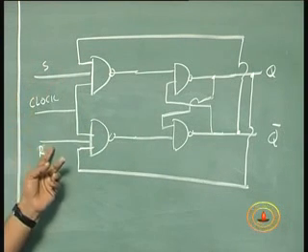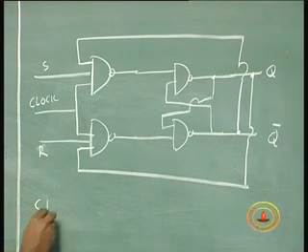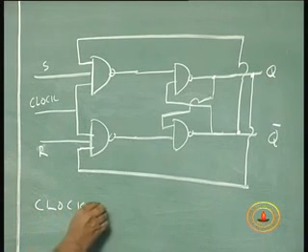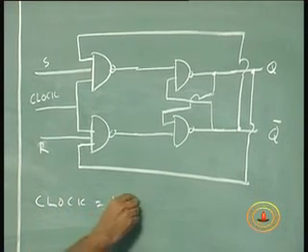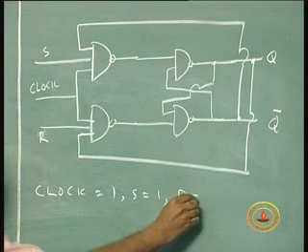Now let us say we are looking at clock high. Clock low, of course it remains in memory state, no problem. So we will only worry about when clock is high. When clock is 1, let us assume now S is equal to 1, R is equal to 0.